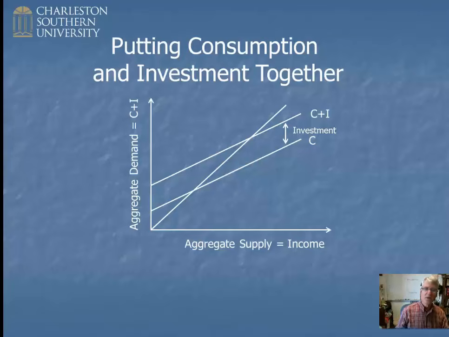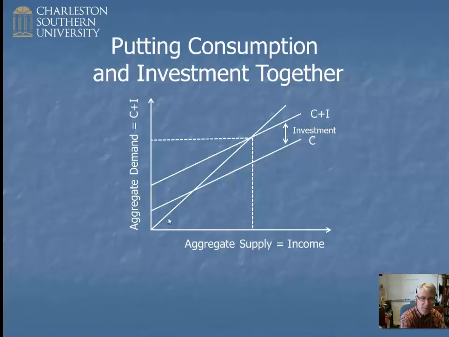This point right here, even though I'm not going to ask you, would be autonomous spending plus investment. Okay, now once you do that, and remembering that we're using this very simple model where C plus I is aggregate demand, this C plus I function maps out aggregate demand for all these different levels of income. And remember, income is just another way of measuring aggregate supply.